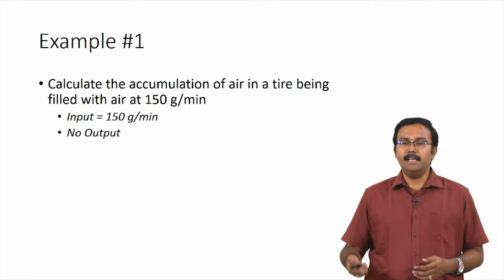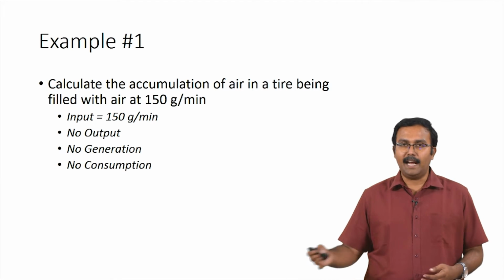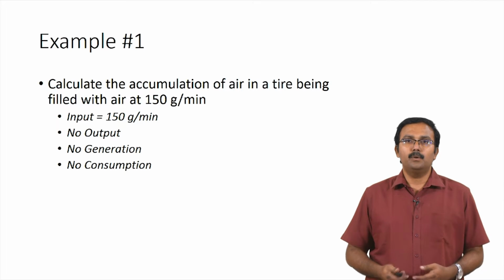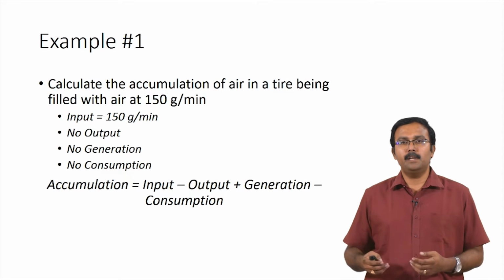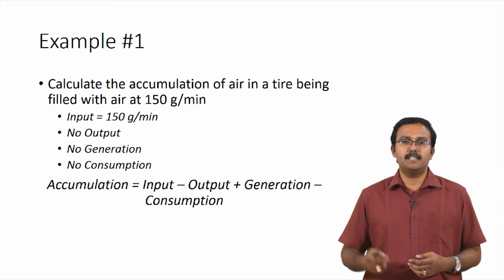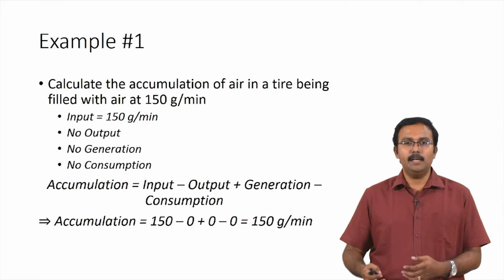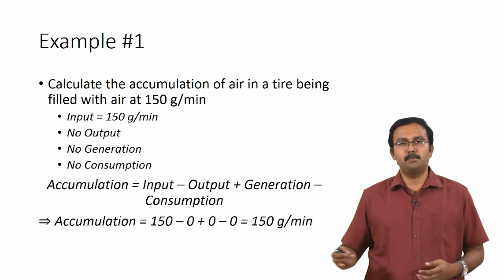You do not have any output, there is no generation or consumption because there are no reactions happening in this system. So, your accumulation equation is accumulation equals input minus output plus generation minus consumption, which means your accumulation is equal to input, which is 150 grams per minute.